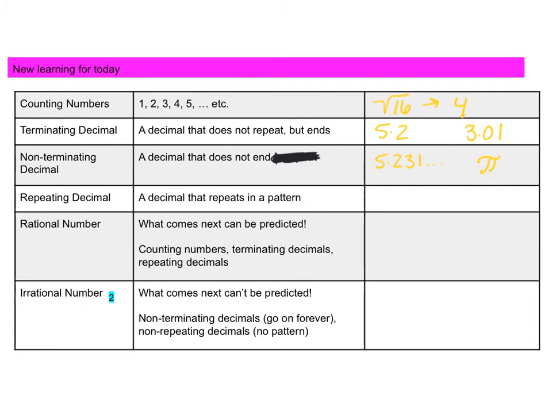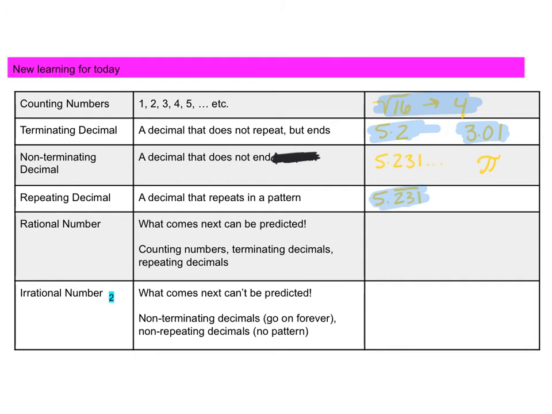Repeating decimal, this is a decimal that has a pattern. So even if I took what I had before and put a line over top, that shows me that there's a pattern there and I can predict what comes next. Rational numbers are numbers that we can predict. Okay, and I'm going to highlight those that we just did in blue. So rational numbers are counting numbers. They are terminating decimals.